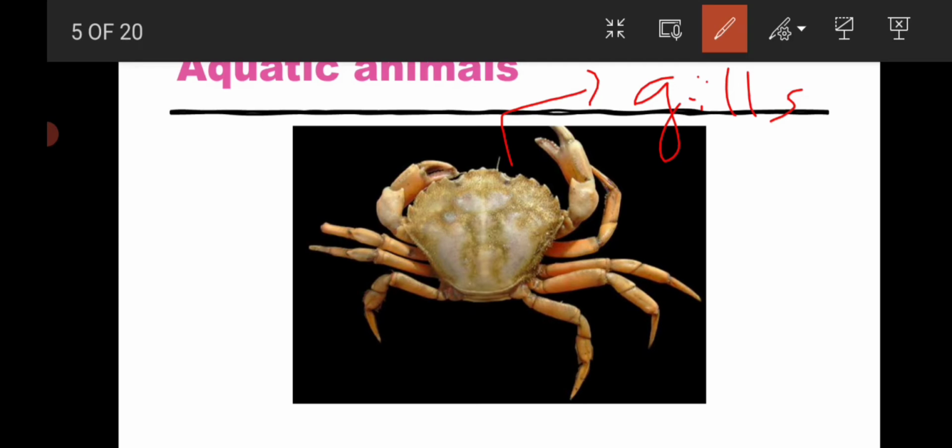These gills are present under their body between the two front legs. So crabs also breathe through their gills. But while on land, they absorb the moisture and use that oxygen. While in water, they use the dissolved oxygen present in water. So this is the special feature of this crab.